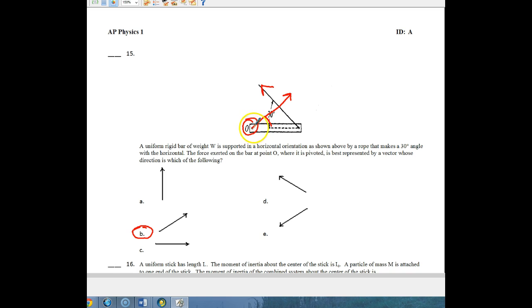So that's exactly what that point O is doing, it's using a force going in this direction. It just counteracts the force that's pulling on it. If I lowered the angle down to 25, then the angle that the pivot would make would be also that 25 degrees. So really just not a lot to this one.